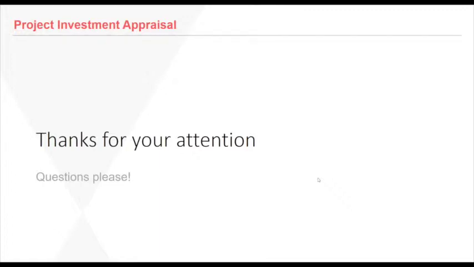This is the process that you would go through. Once your team have determined and modeled and mapped out what those future cash flows might look like, you would then undertake a number of these methodologies to determine their project appraisal and which one you should pick.